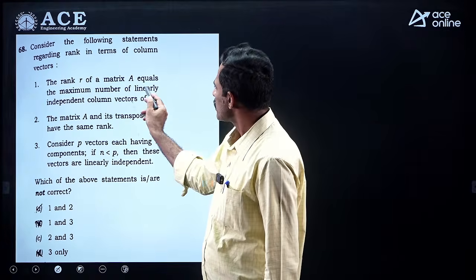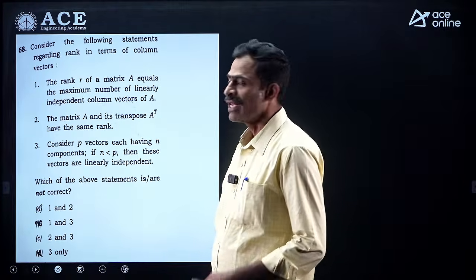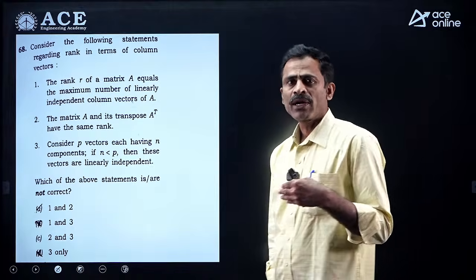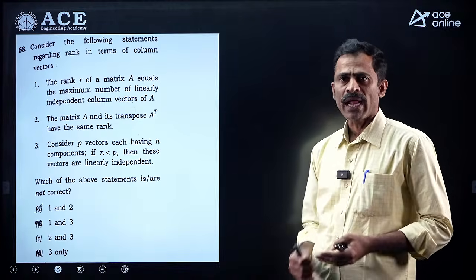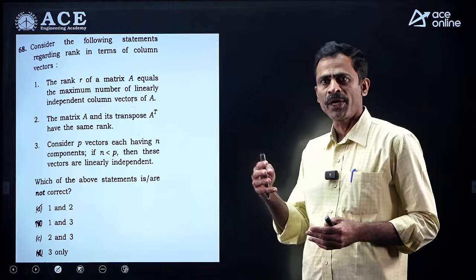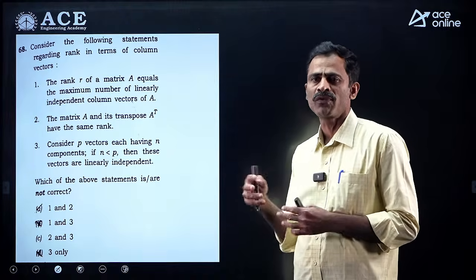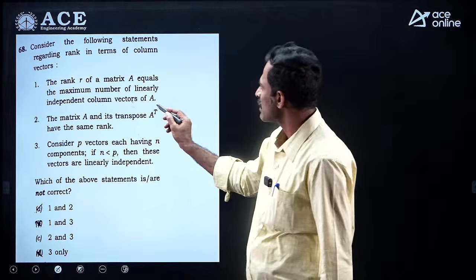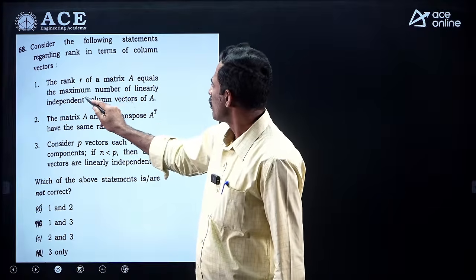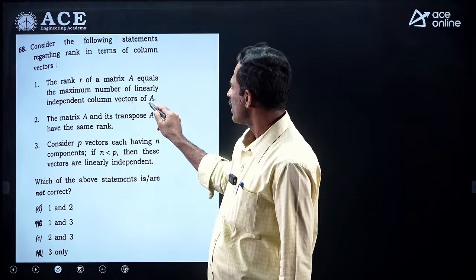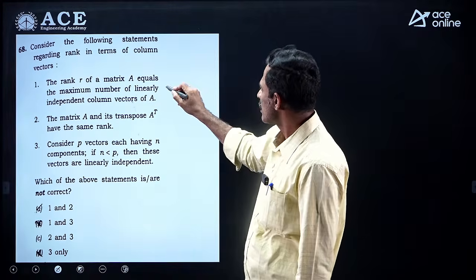The rank of a matrix equals the maximum number of linearly independent column vectors. According to independent and dependent vectors, the rank of the matrix is the same as the number of independent rows, independent columns, independent vectors. So this is a correct statement.